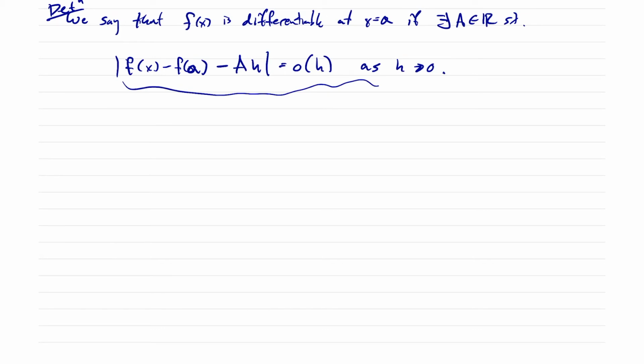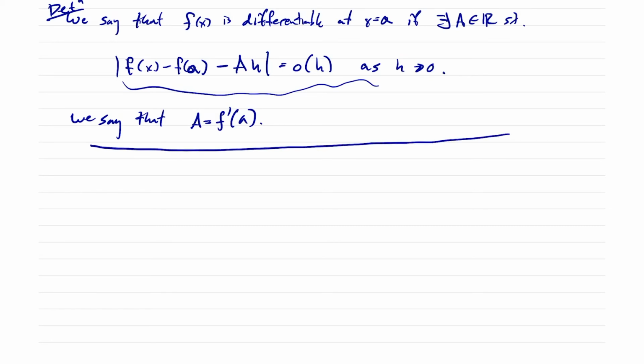And then you can even ask what the derivative of something like a gradient is, which would be a matrix, and so on. And so we say that A is equal to f prime of A. So yeah, okay, cool.